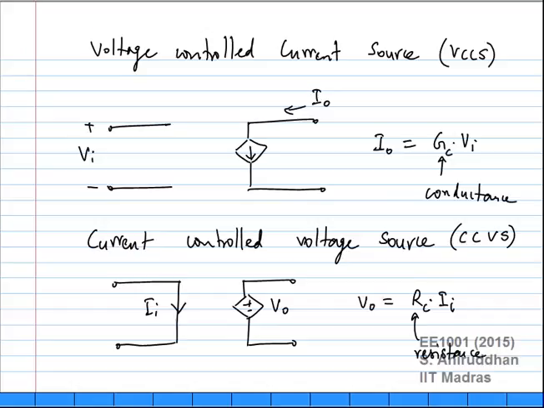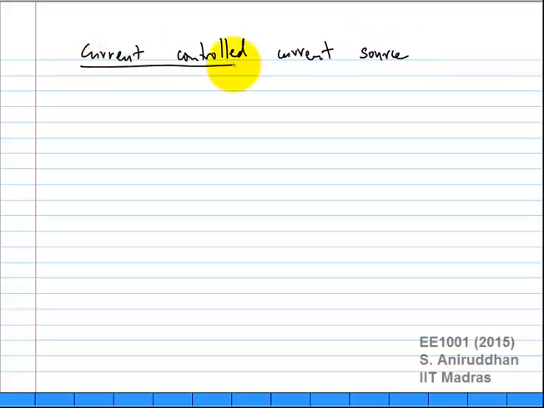Finally, you also have the current controlled current source. For brevity, it is denoted by CCCS.